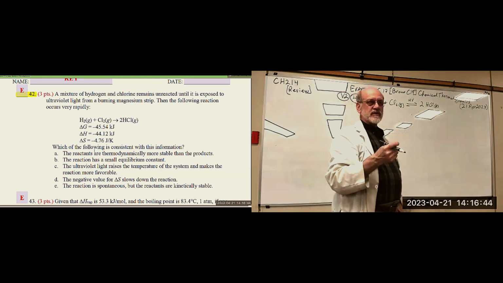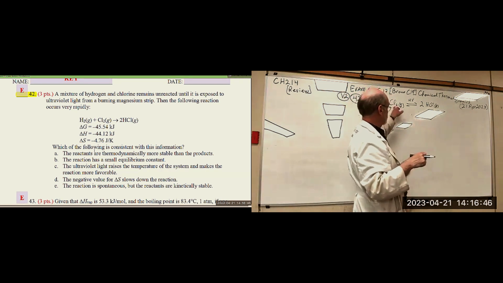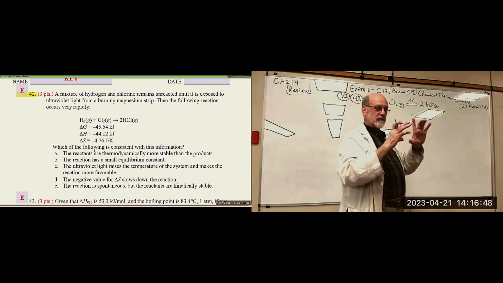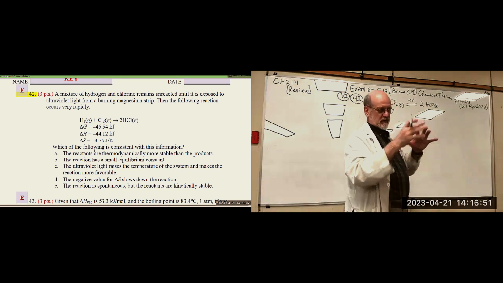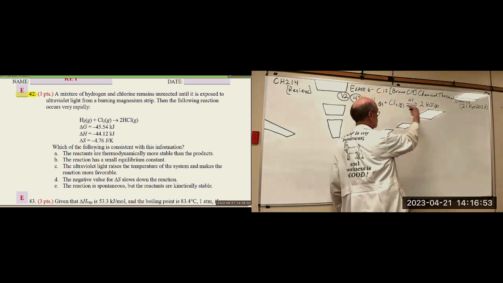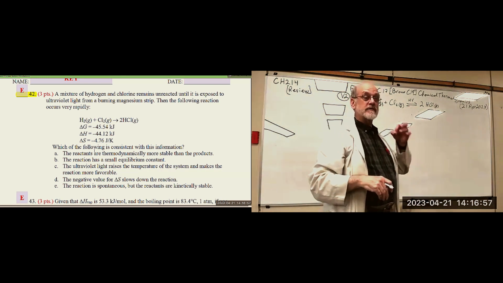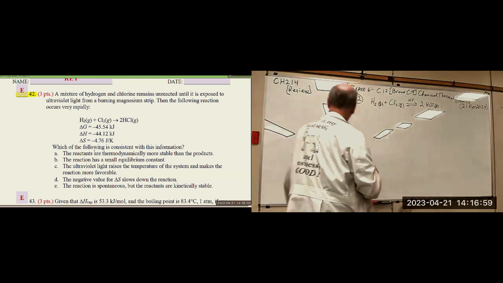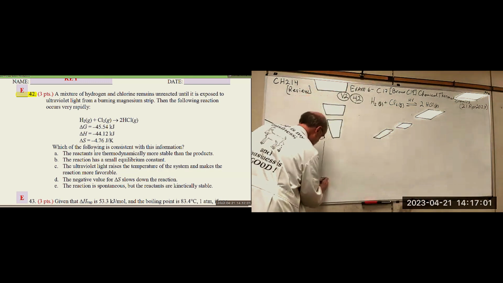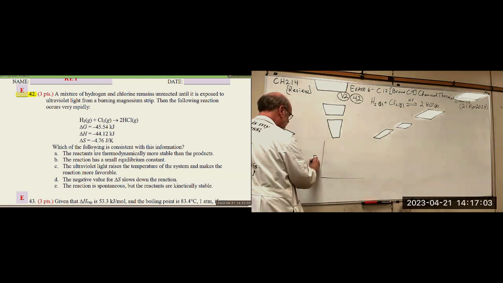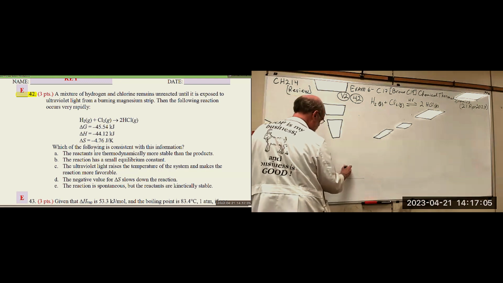But this magnesium strip is not in the vessel with this stuff. It's only through a vision port or through a clear glass that UV penetrates and provides the activation energy for the reaction. So, as progress of the reaction, here we go. We got reactants.